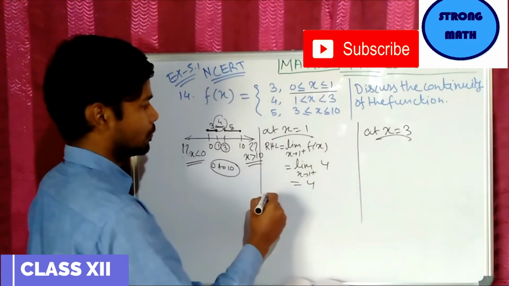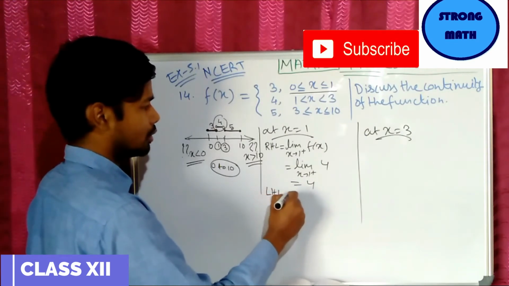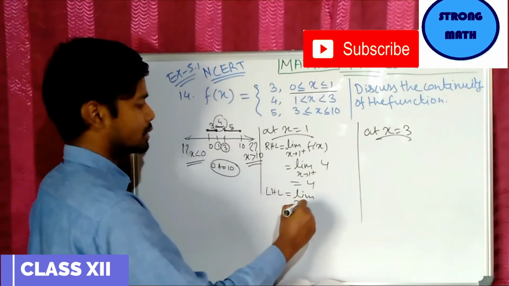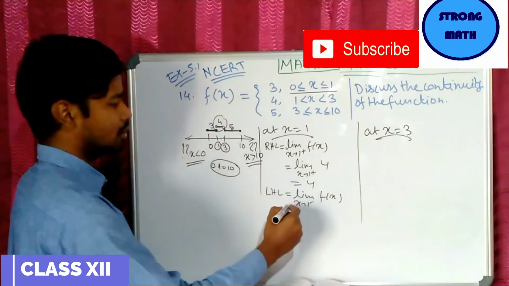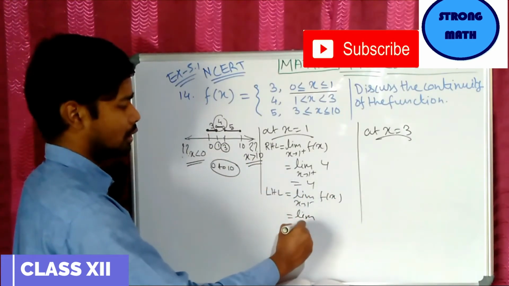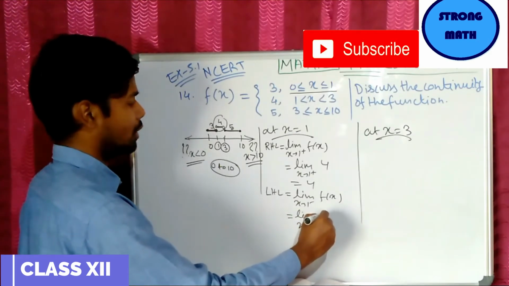This is 4. Now left hand limit, x tends to 1 minus, f x less than 1, value is 3. So limit x tends to 1 minus, the value is 3.